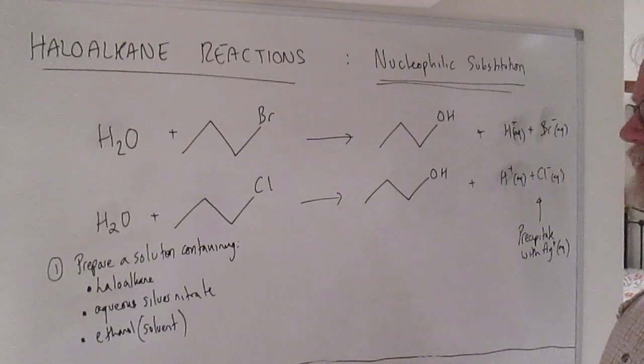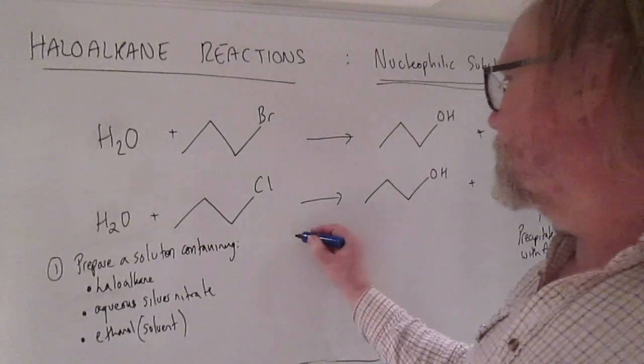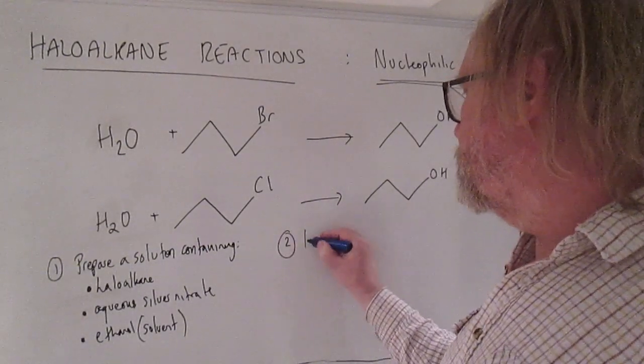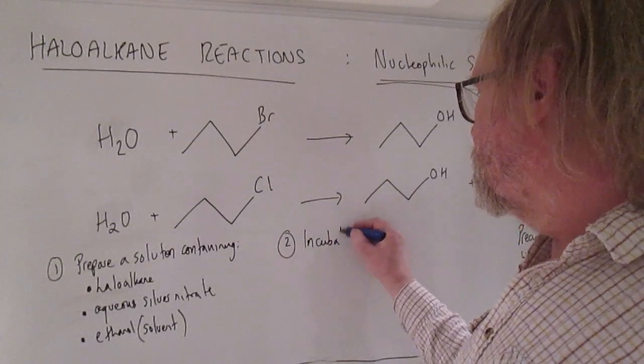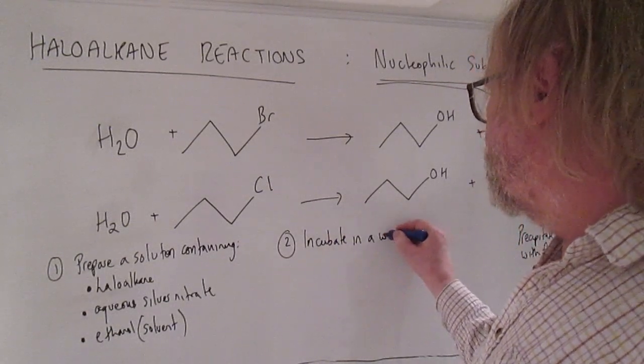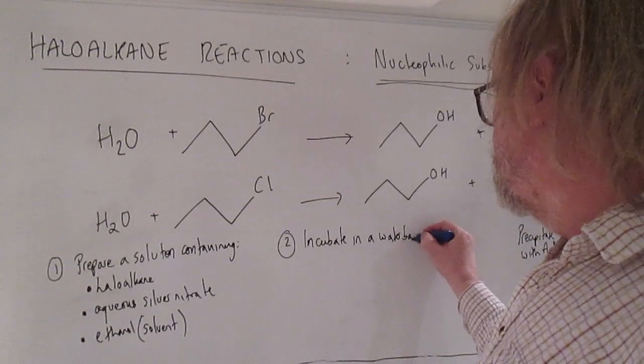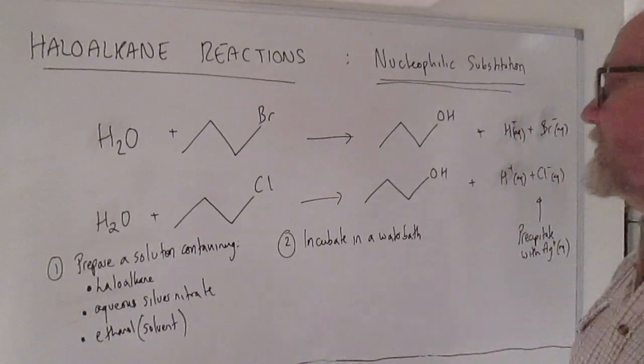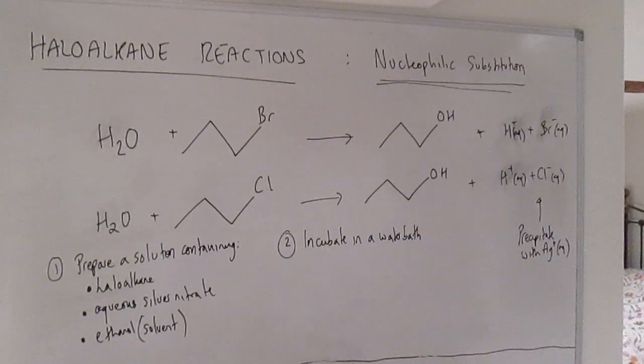So you prepare a solution containing that, and then you incubate in a water bath or any kind of thermostated environment. Incubate just means you stick it in something at a controlled temperature for however long it takes.